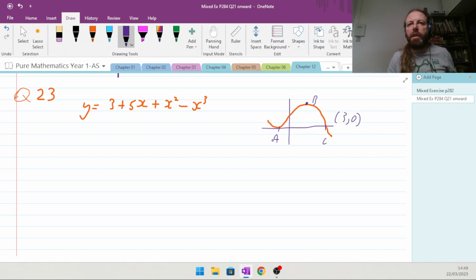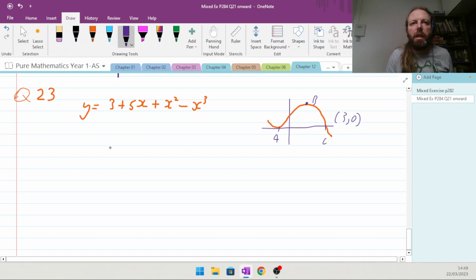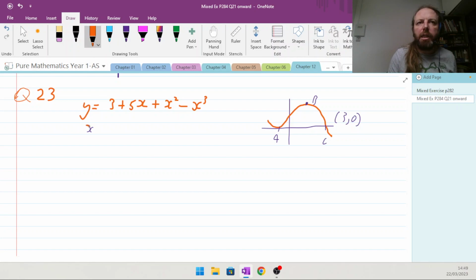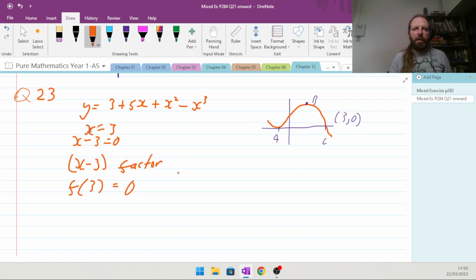Okay, if that is 3, 0, that means that x equals 3, which means x minus 3 equals 0, making x minus 3 a factor. So if we have a factor, using the factor theorem, we can say that when we do f of 3, it should equal 0 if it is a root.